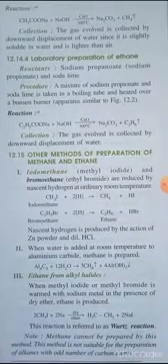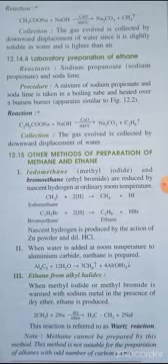So everything is the same, only what is the difference? The difference is in the reactant, the difference is in the chemical material required. In case of methane, sodium ethanoate is required. In case of ethane, sodium propanoate is required.